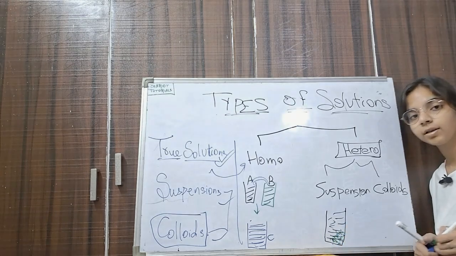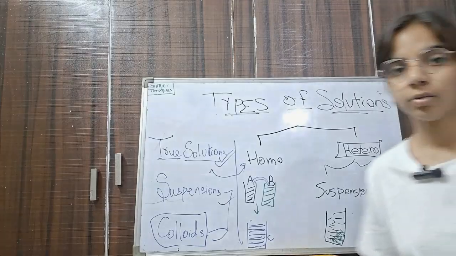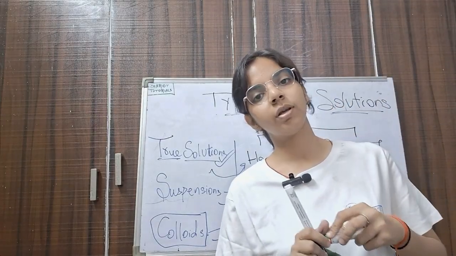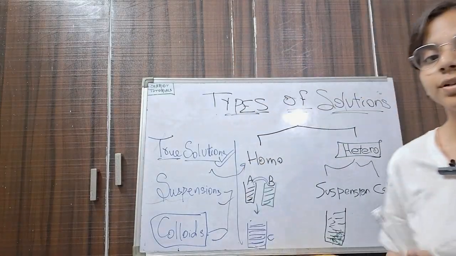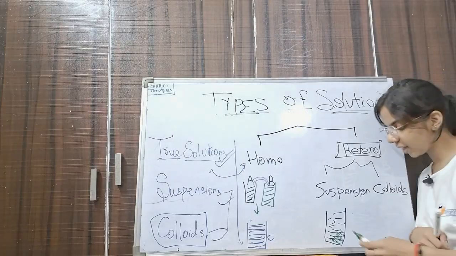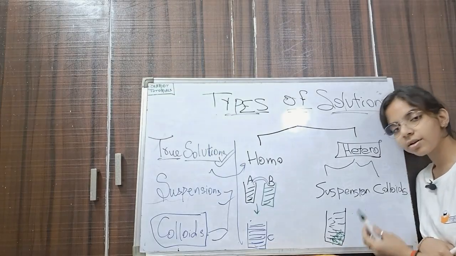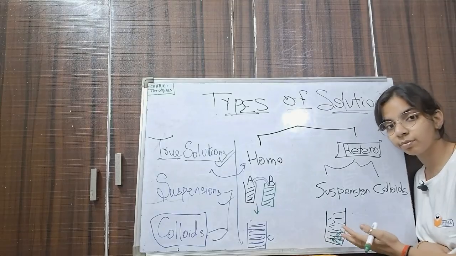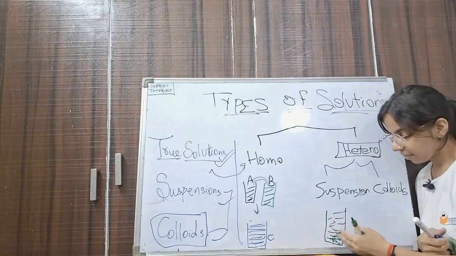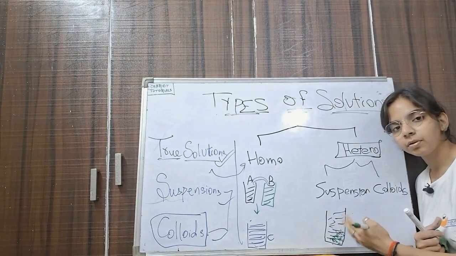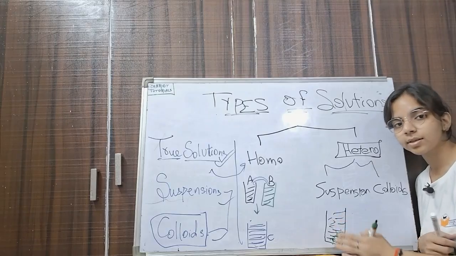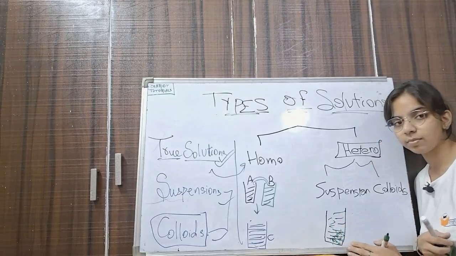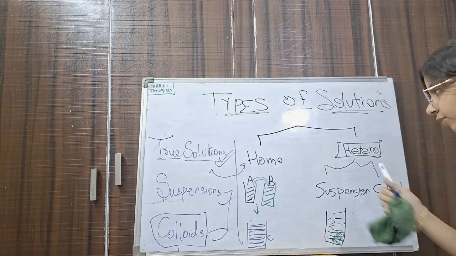It means if you are making a sand solution, or mixing chalk powder in water, you will see that after some time the sand or the chalk powder is settled down at the bottom, and the water will be above. So this is an example of heterogeneous solution.